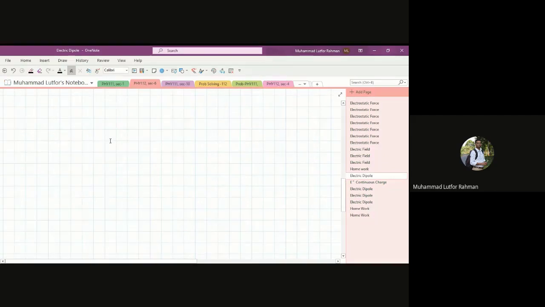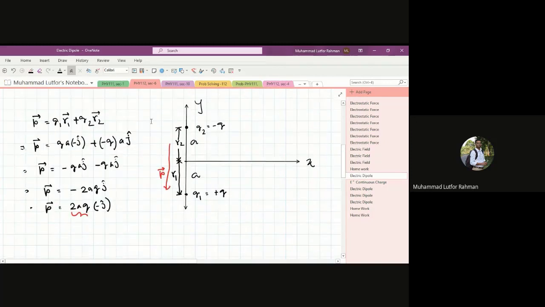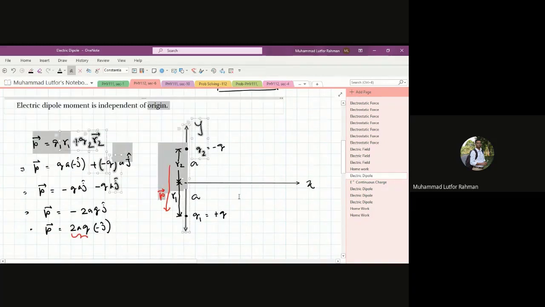Fine. What if, say, I'm shifting my origin. Say, let me copy this one. In that case, I don't have to draw that.